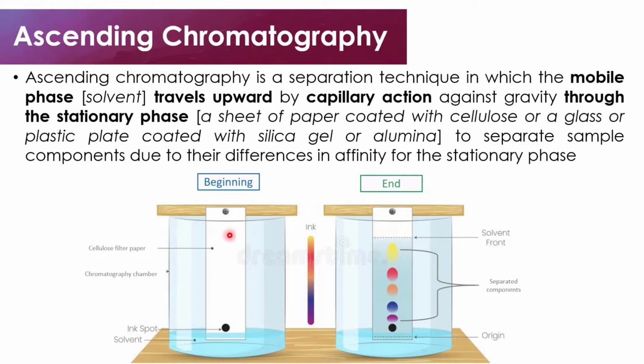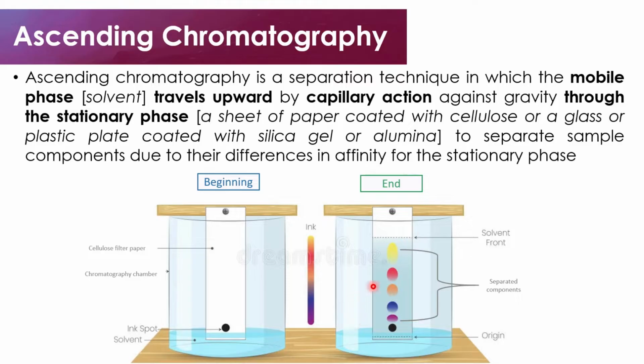In the beginning process, we have our stationary phase, which is the cellulose filter paper here, spotted with our test sample, which is the ink spot, and supported with this rod to stand upright in the chromatographic chamber as shown over here, containing our solvent, which is serving as the mobile phase.